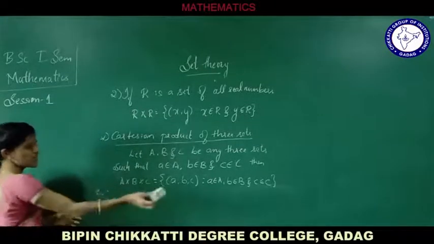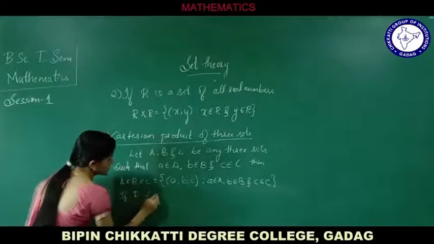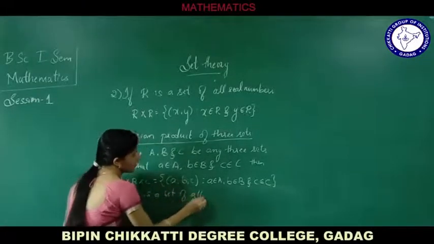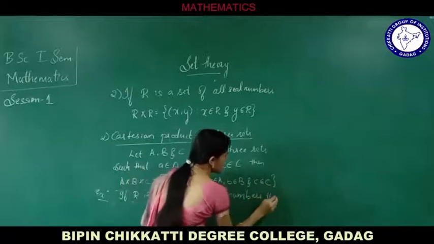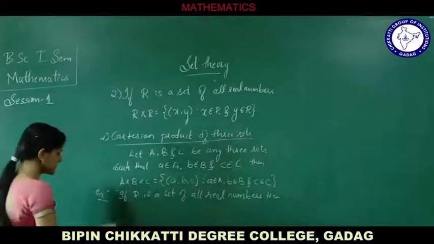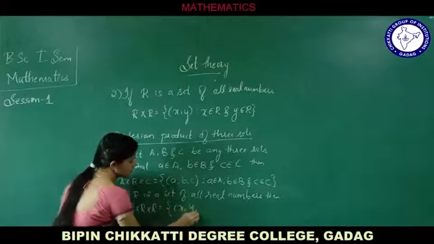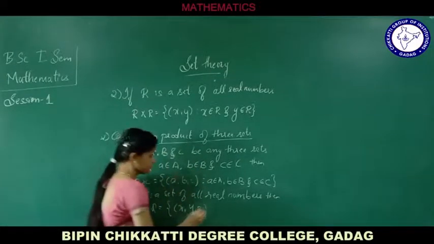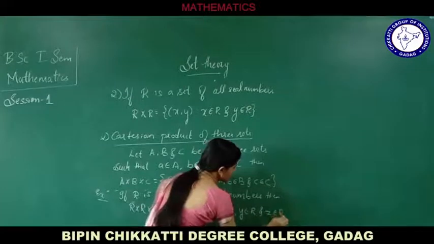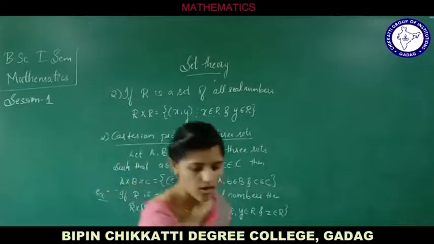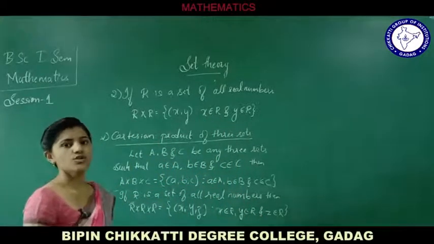If R is the set of all real numbers, then the Cartesian product of 3 sets, R cross R cross R, will be equal to the set of (x, y, z) such that x belongs to R, y belongs to R and z belongs to R. This product is the Cartesian product of real numbers, and we say that the sets of points are in Euclidean space.